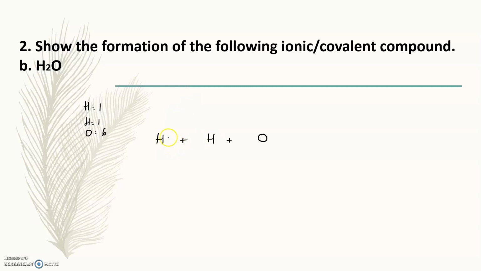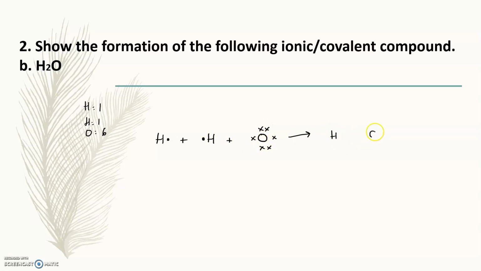Hydrogen has one valence electron. We draw the valence electron, and then for oxygen there are 6 valence electrons: 1, 2, 3, 4, 5, 6. This will form a covalent compound where each hydrogen atom shares one electron with one electron from oxygen.